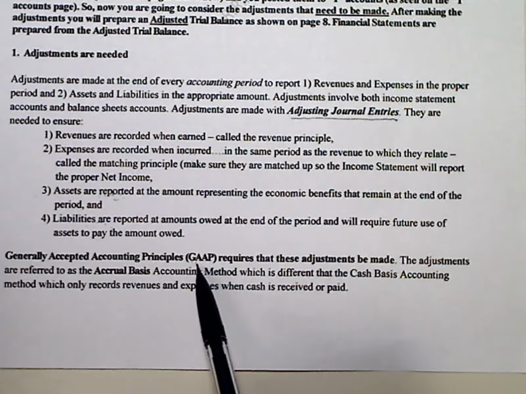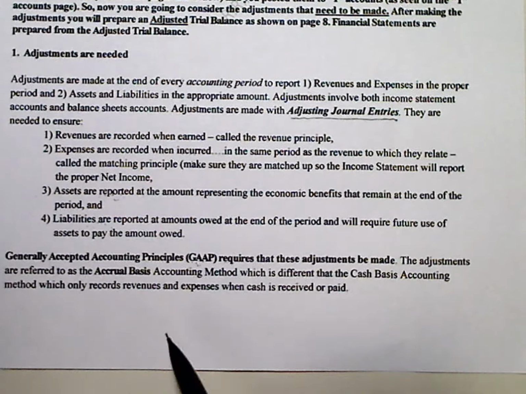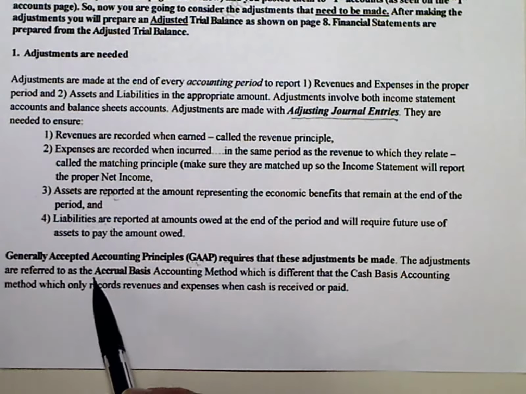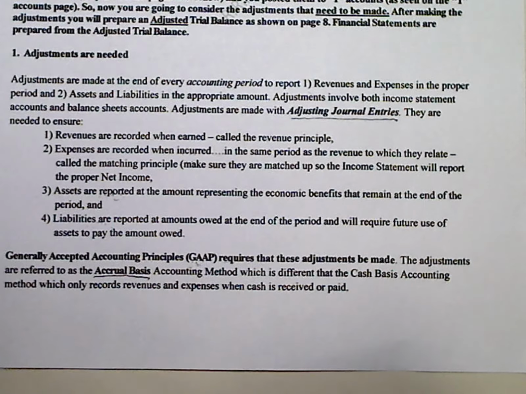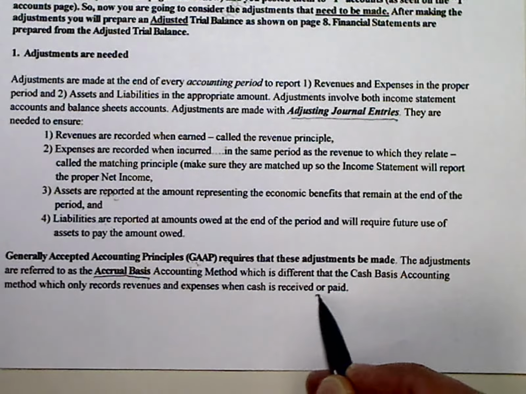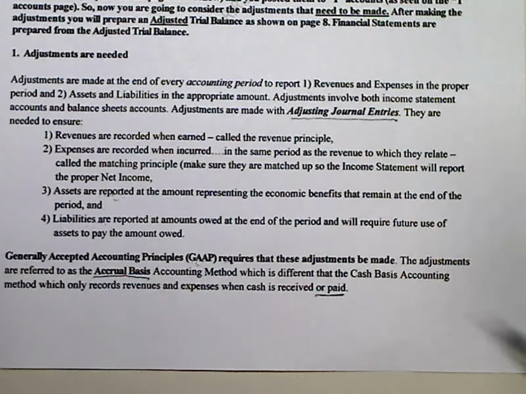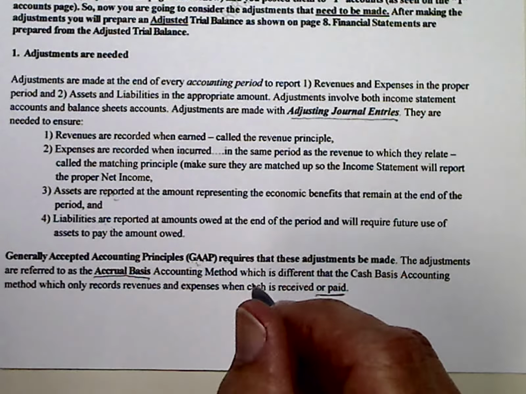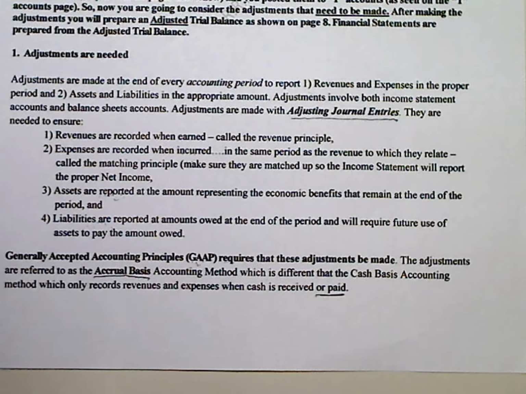Generally accepted accounting principles require these. It's called the accrual basis. When revenue is earned, record it. When expenses or other liabilities are incurred, record it, separate from whether cash will be paid later. What we want to do is record everything when it actually occurred.